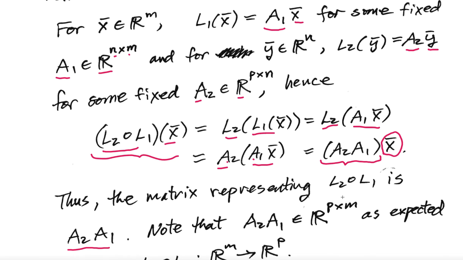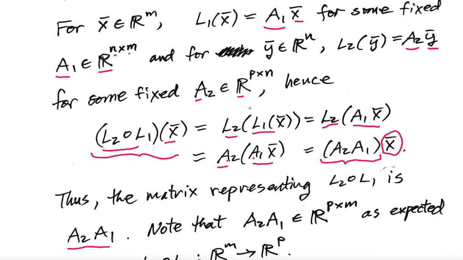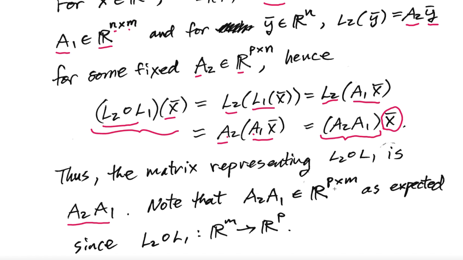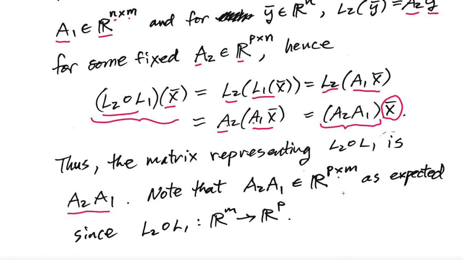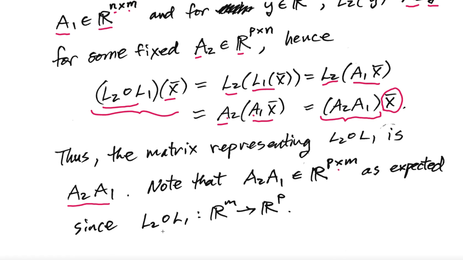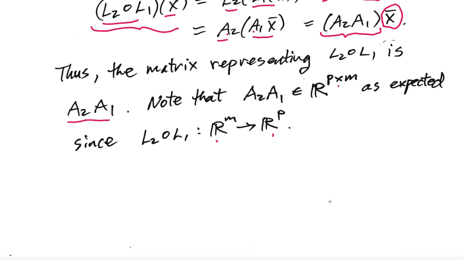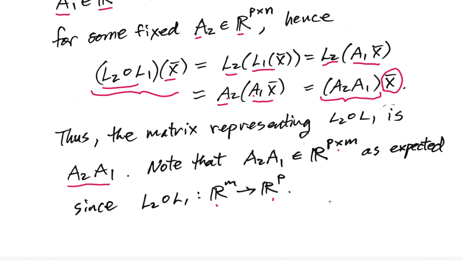By the way, looking at the dimensions of A2 and A1, A2 times A1 would be p by m, just like we expect, since L2 composed with L1 maps R^m into R^p. So that is a short video showing you the relationship between matrix products and linear operators in composition. I hope you understood that.